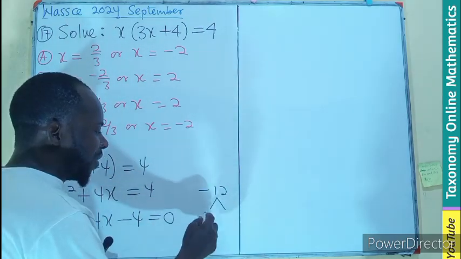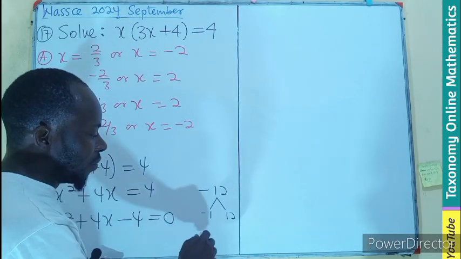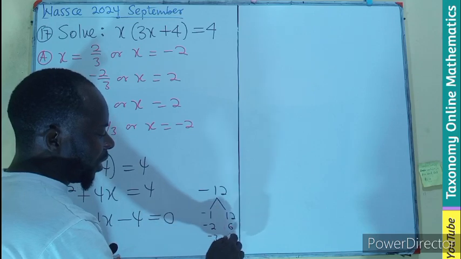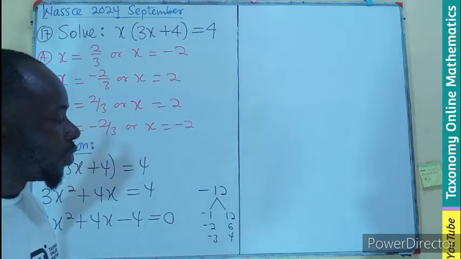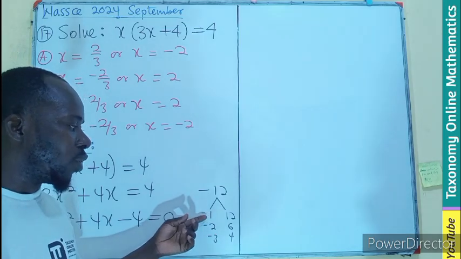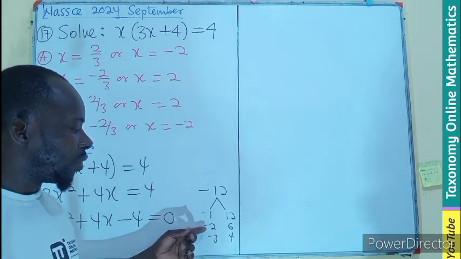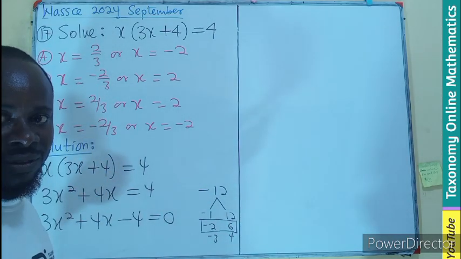So we have negative 1 and 12, negative 2 and 6, negative 3 and 4. These are the pairs of factors that give rise to negative 12. But this one will give you 11 by addition, so we are going to go for the pair that adds to 4, which is 6 and negative 2.